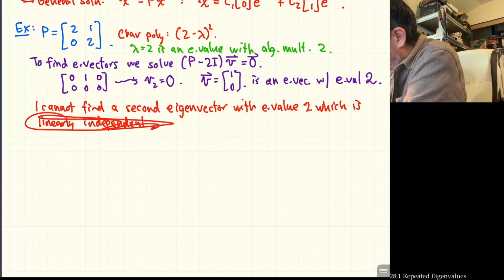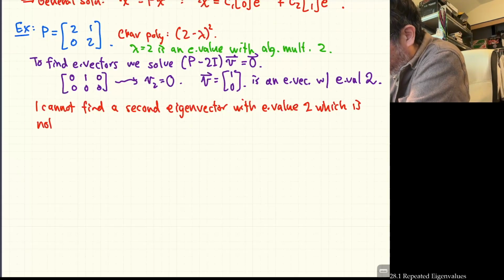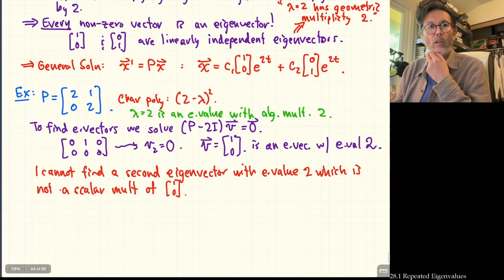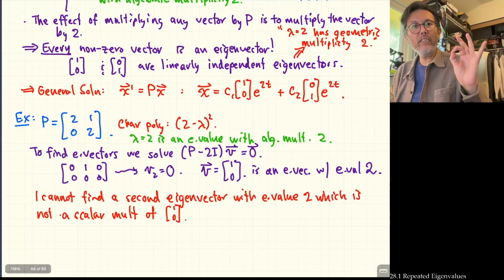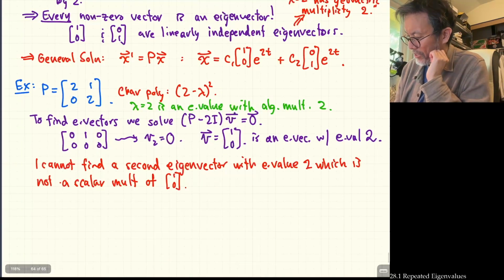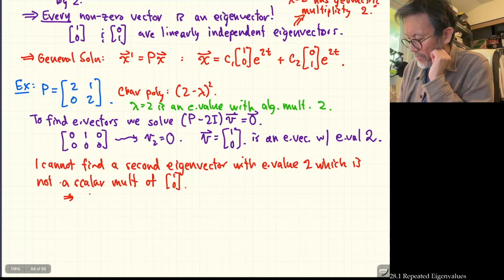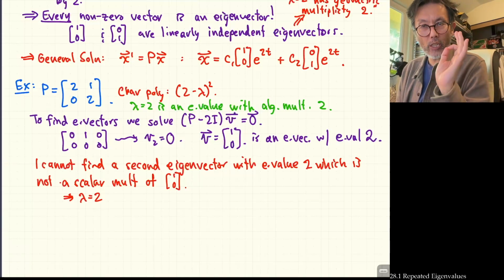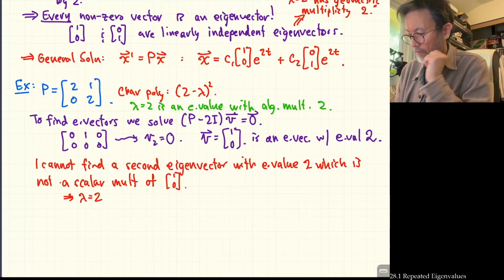Which is not a scalar multiple of 1, 0. Right? So we can say the statement in another way: lambda equal to 2, the eigenvalue, has geometric multiplicity 1.